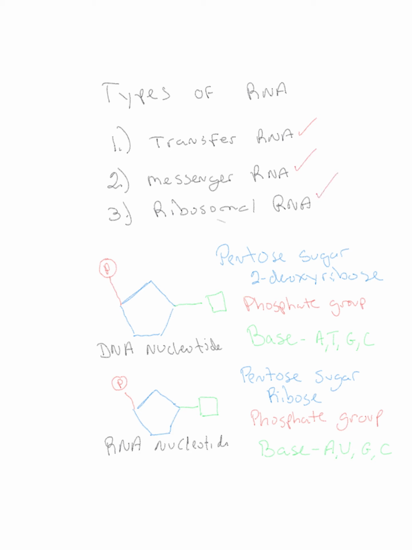Now, if you look at the structure of the nucleotide in a little bit more detail, I drew some pictures here of a DNA molecule and an RNA molecule, so nucleotides. The blue represents the sugar, so this is our pentose sugar. The red represents the phosphate group.